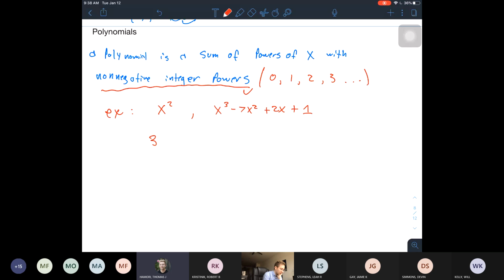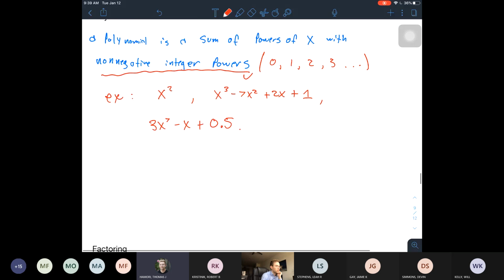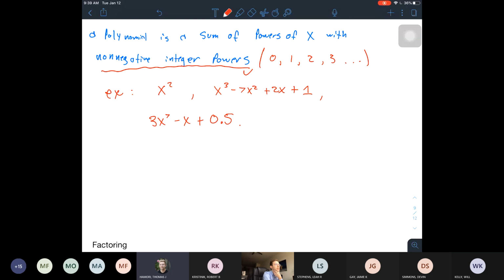Or something like 3x to the 7th minus x plus 0.5. Things like this. These are all polynomials.